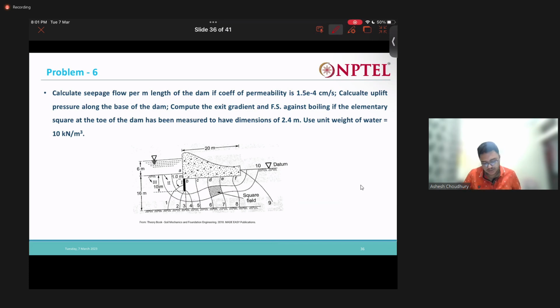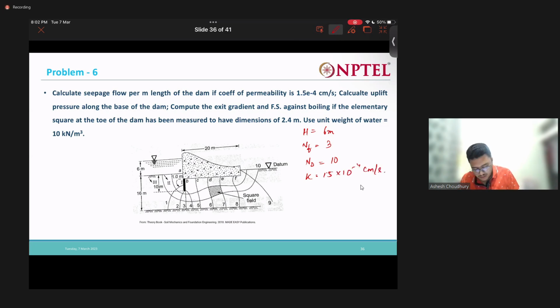First let us calculate the flow. Okay, so tell me what is H here? 6 meter. NF, 3. ND, 10. So K is given as 1.5 to the power minus 4 centimeters.